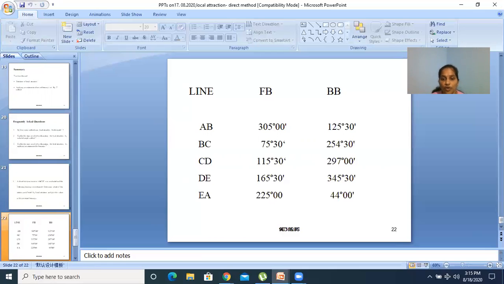So these are the fore bearings and back bearings of the lines AB, BC, CD, DE and EA.